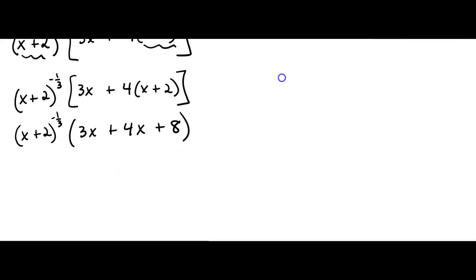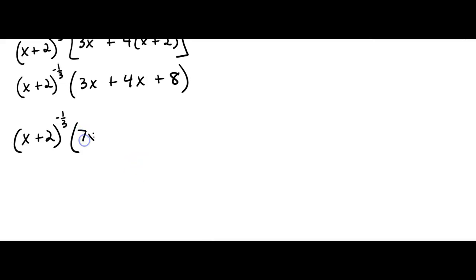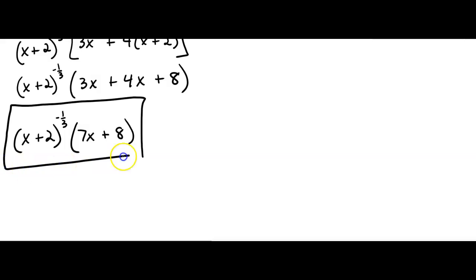And then I'm almost done. I'd have (x plus 2) to the negative 1/3 times, remember this was a section on factoring, we want it to be multiplication, (7x plus 8). And that's the answer. It's kind of different, but that's the answer for this problem.